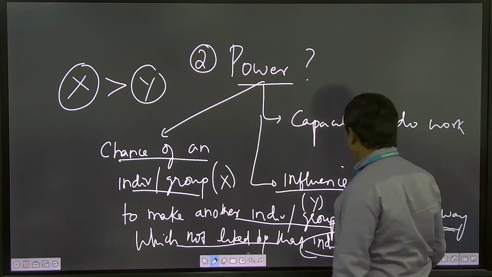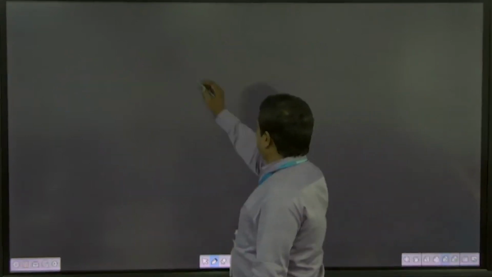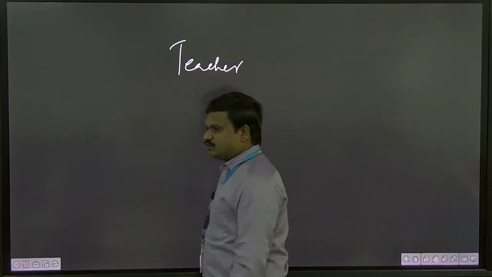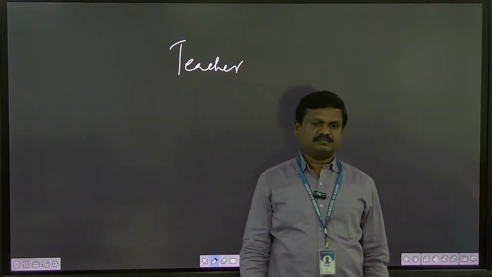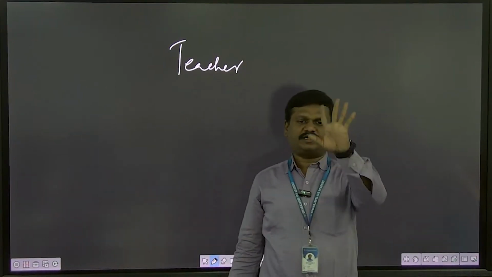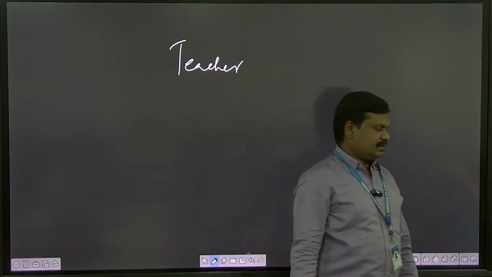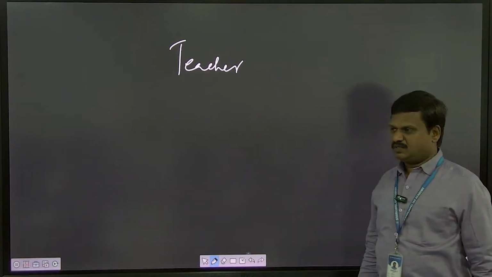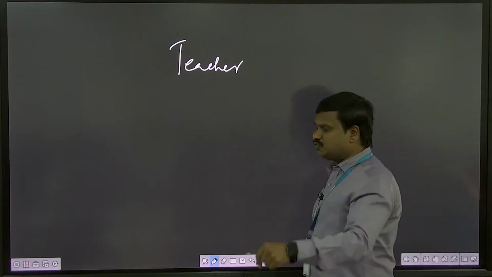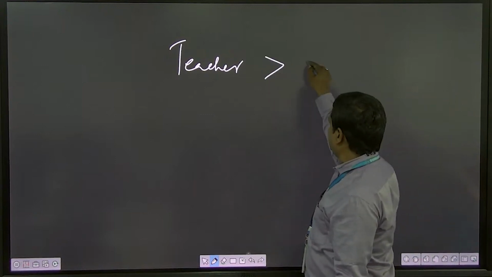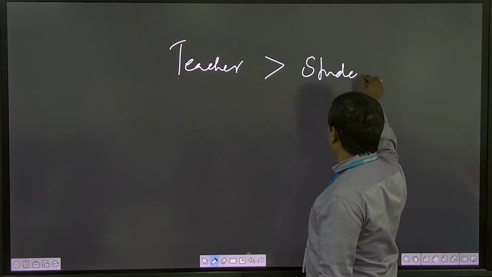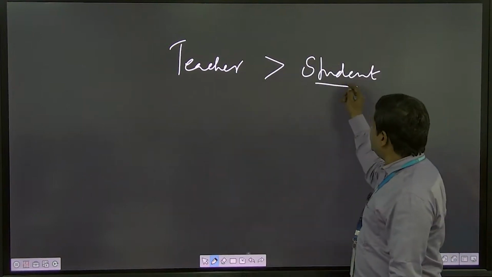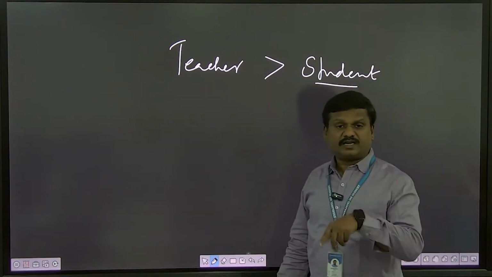I'll give you a better example. Teacher tells the students that now you should write a test. Students don't want to write the test. But the teacher is compelling the student to write the test, so the teacher has more power than the student. Because the student is doing certain things which are not liked by the student.